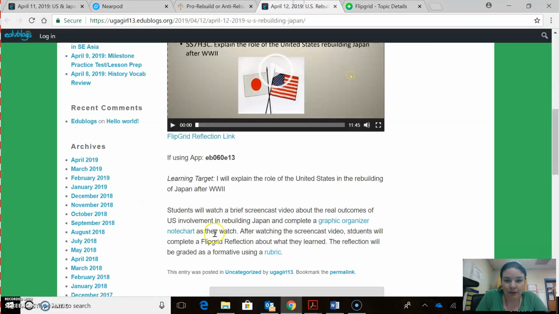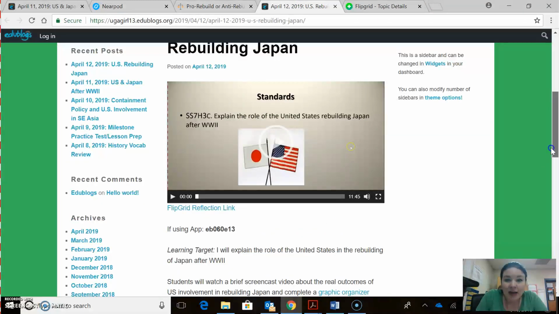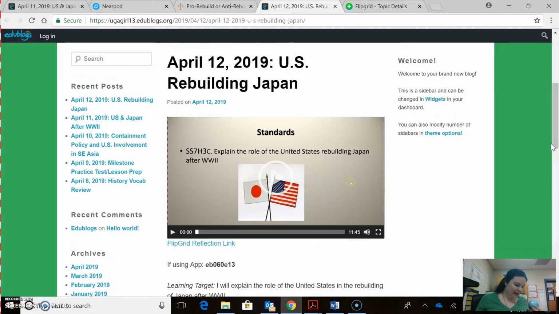And the rubric is over here, which was linked here, and students could reference it to prepare. The rubric focused on: give 3 to 4 facts about how the United States did help rebuild Japan, give a fact that was shocking or something that surprised you about what the United States did to help rebuild Japan, and then their final opinion of, do I agree with what they came up with, do I disagree, and then explain why, and then use evidence to cite it.